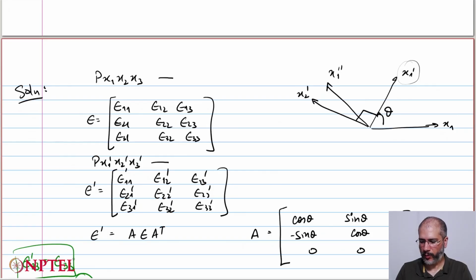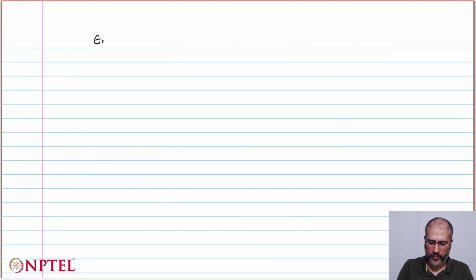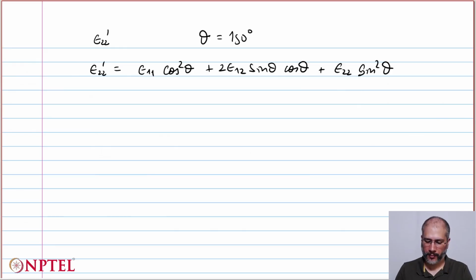So if I want to find the longitudinal strain in this direction, this is basically 90 plus 60, that's 150 degrees from x1. So all I need to do is write epsilon 2 2 prime using the transformation with theta equal to 150 degrees. Epsilon 2 2 prime becomes like this.